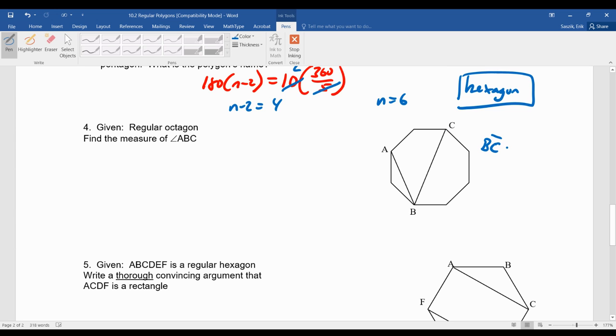BC is a line of symmetry. Find the measure of angle ABC. Well, remember, 360 over 8 will give us 45. That's the exterior angle. So the interior angle must be supplementary to that, so it's 135.